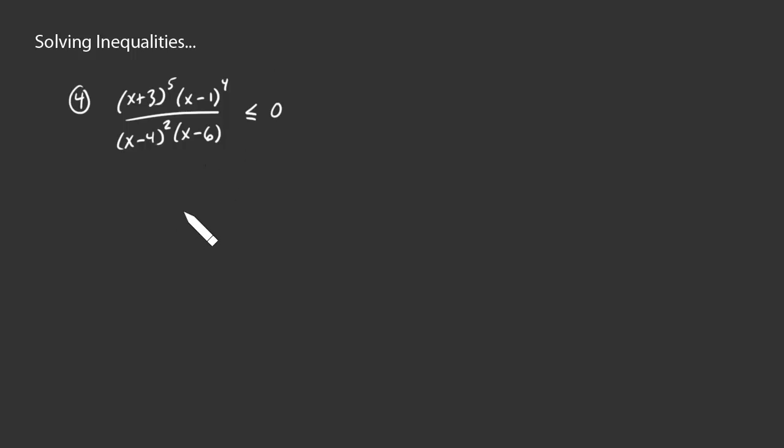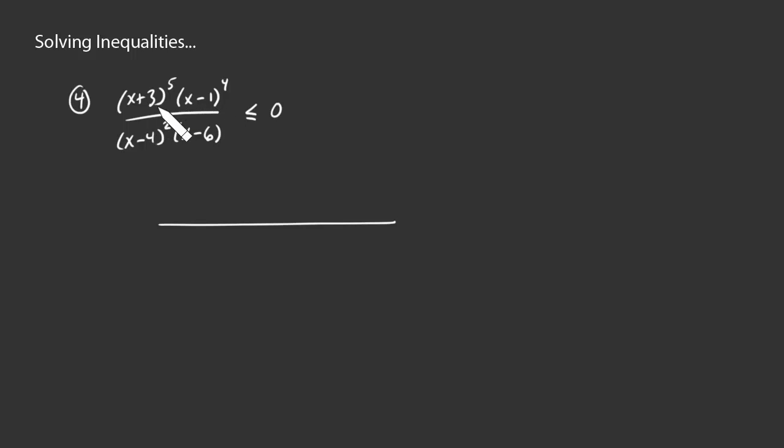As before, we'll start by looking at where this expression is 0. Where does it equal 0? Of course, for a fraction to equal 0, its numerator needs to equal 0, and its denominator needs to not be 0. Well, finding out where the numerator is equal to 0 is pretty straightforward, since this is already in factored form. Either this factor had better be 0 or this factor had better be 0.